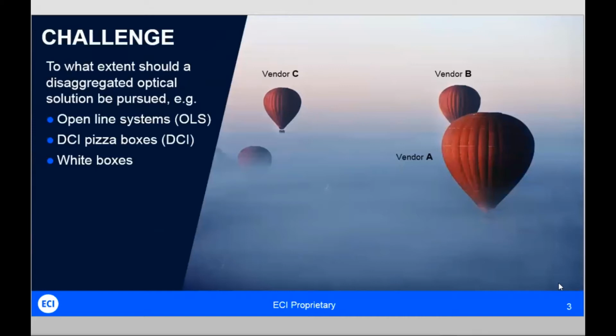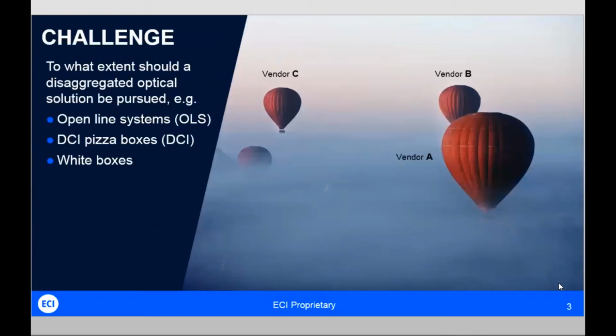So the challenge that you have is to what extent should you use disaggregated optical solutions to build your optical backbones for your NRENs. And today there's certainly a lot of activity taking place in and around open optical systems. As an example, there's open line systems which entail ROADMs and amplifiers.